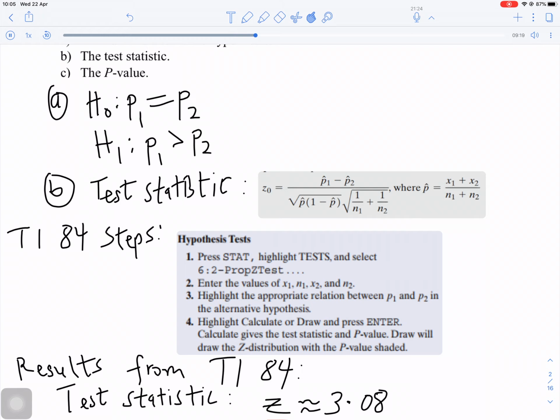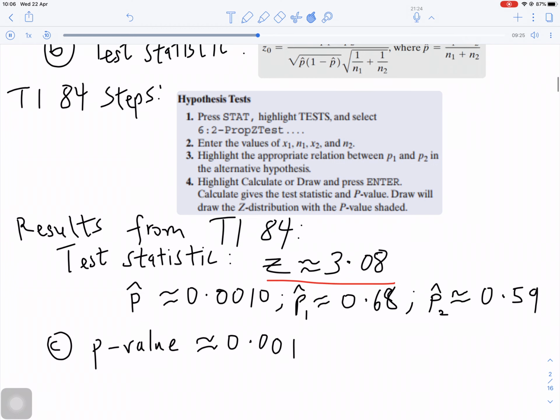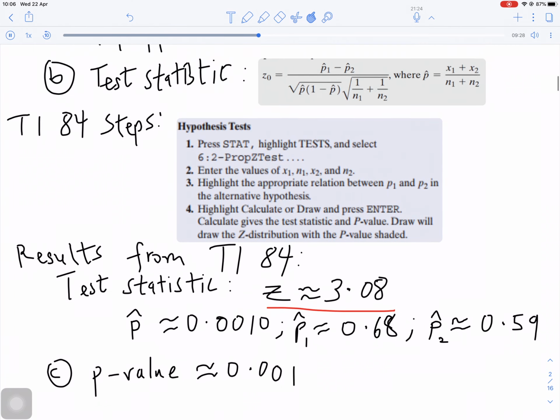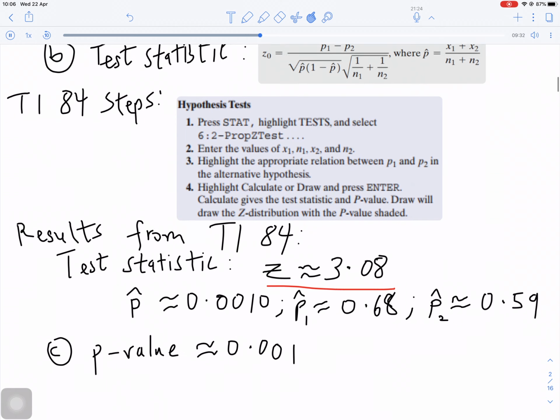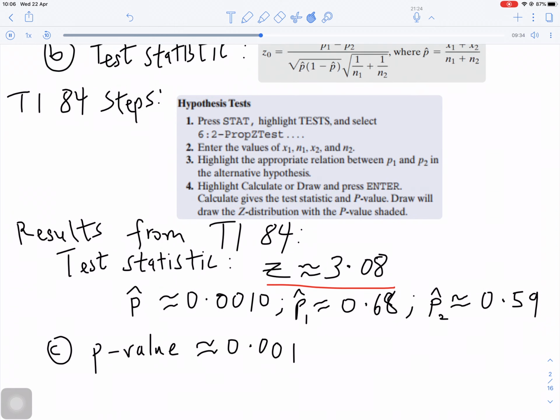Now what result do you see coming out? So you see Z as one of the values, and the Z over there indicates the test statistic, and Z is 3.08. And then you also see P cap, which we would have calculated by X1 plus X2 divided by N1 plus N2.